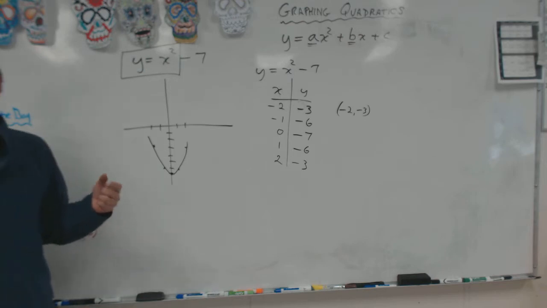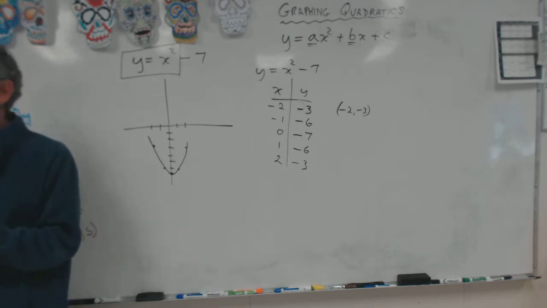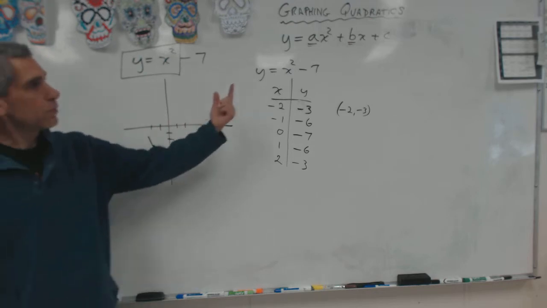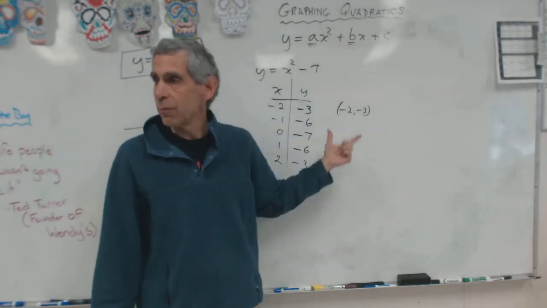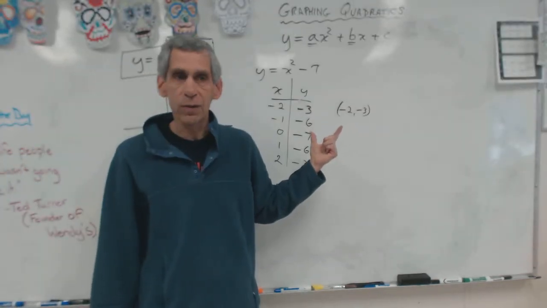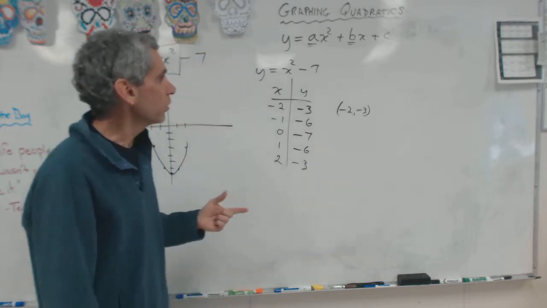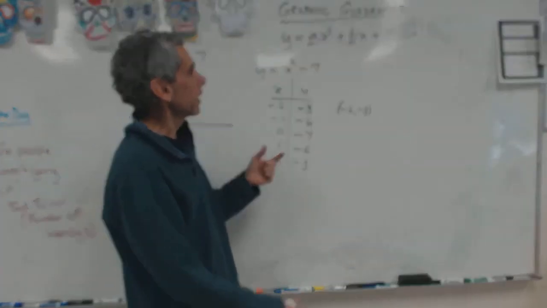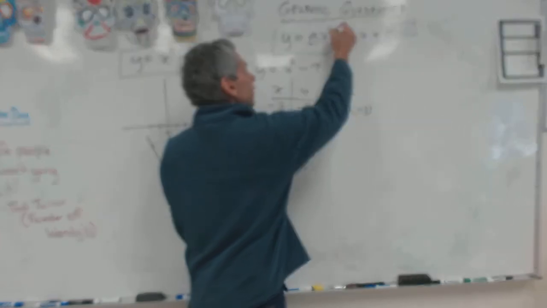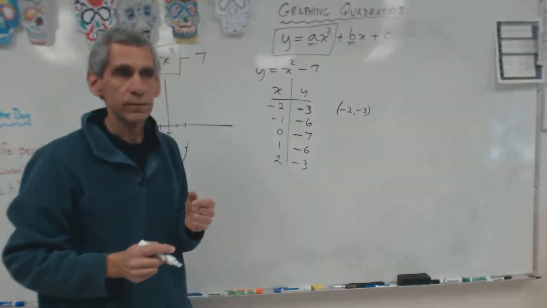Now, the way I suggest you do it is, if you remember that little map of what I just explained, what all these things represent, then all you have to do is realize this is y equals something x squared.